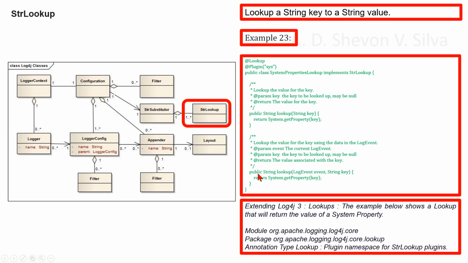And here, the lookup for the value for key using the data in the log event. The parameter event is the current log event, the param key is the key to be looked up, may be null. The return value is the value associated with the key.